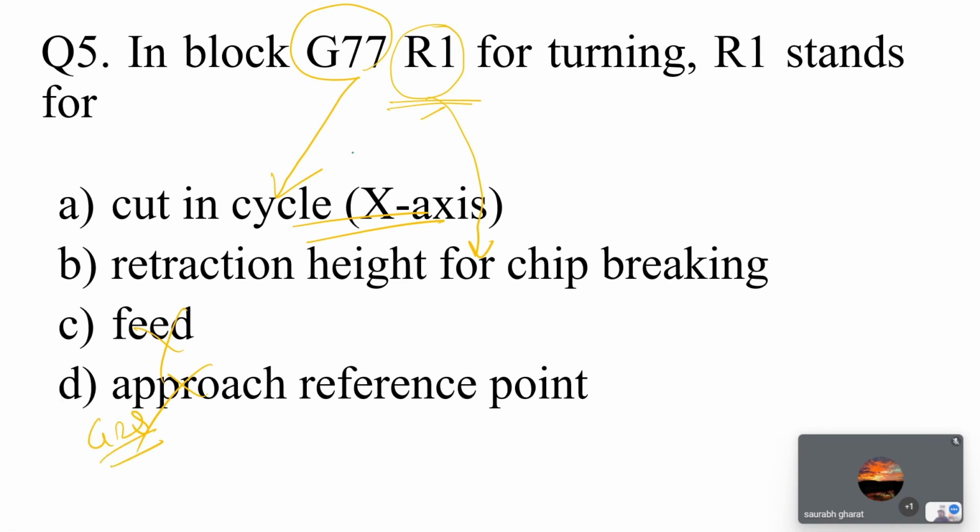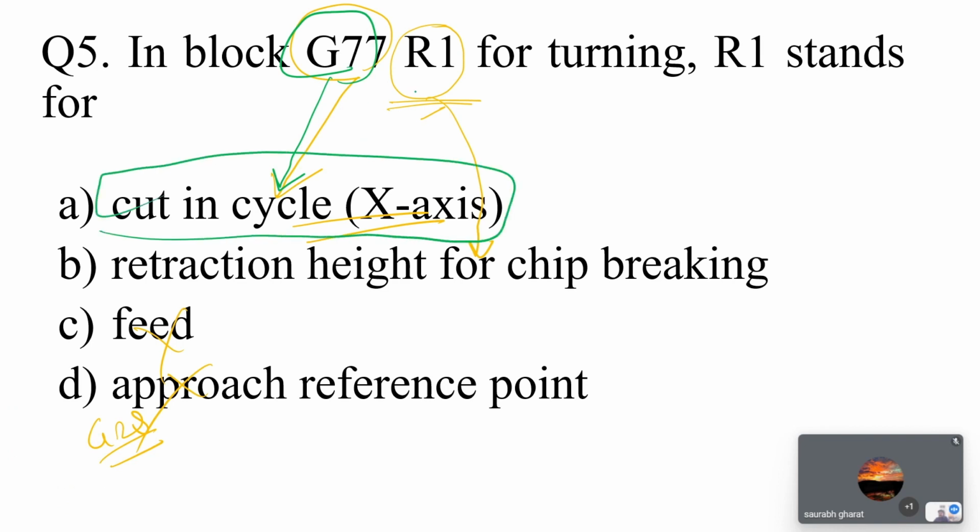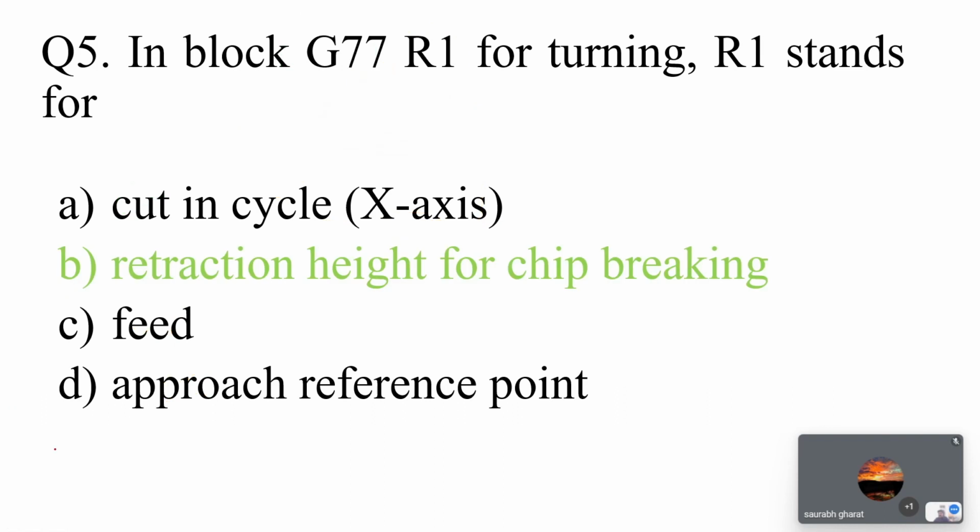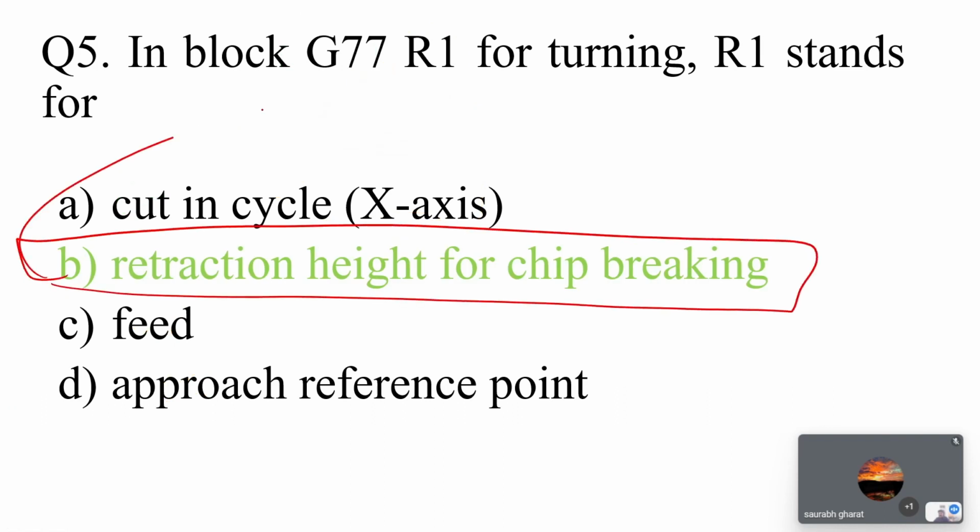So for the G77 command cycle, the R is denoted by your retraction height. So the retraction height is the correct answer, as we are using it in G77, and asking for R1.